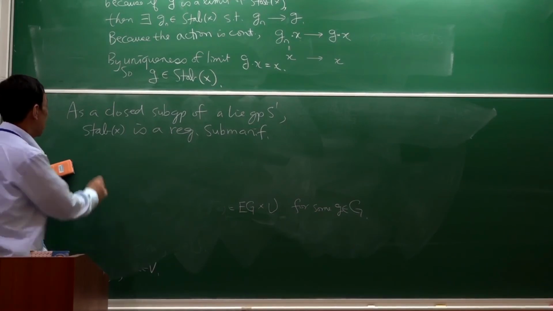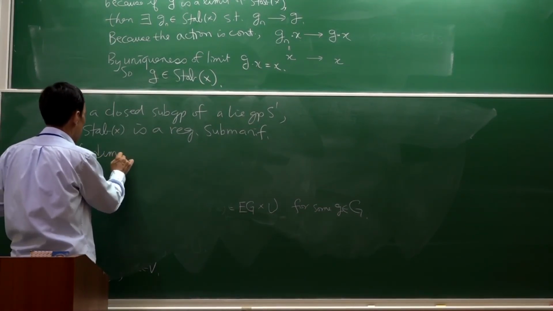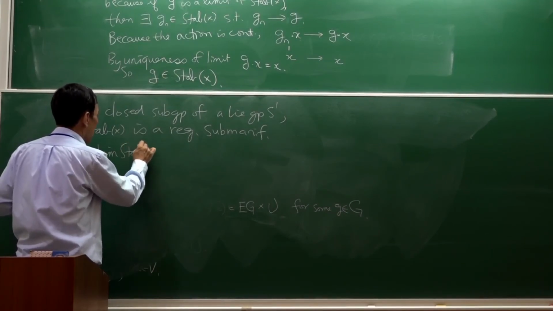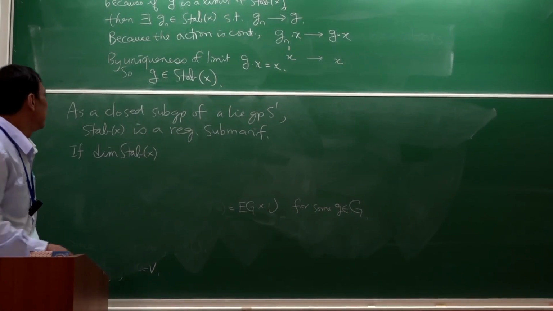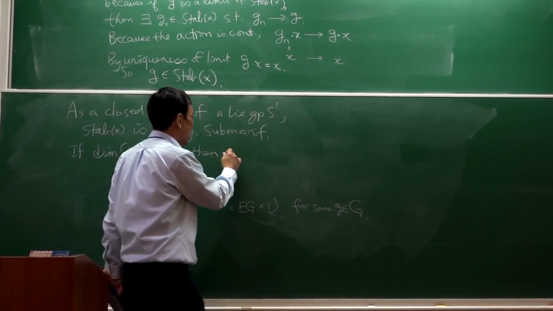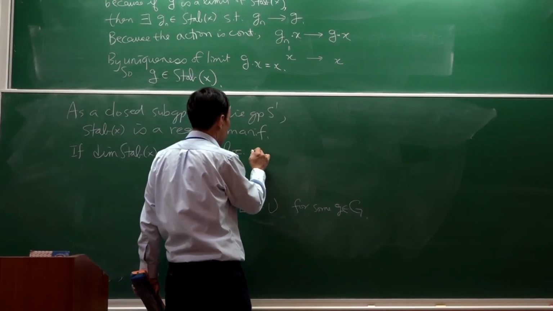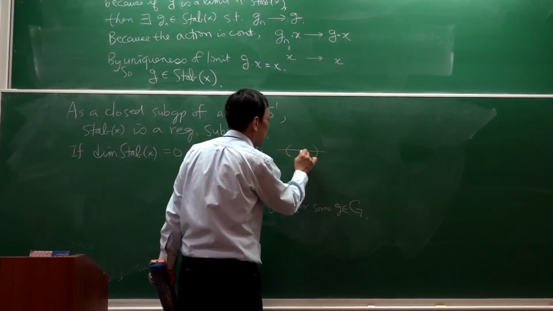Now if it has dimension 0, then locally it looks like this, right?